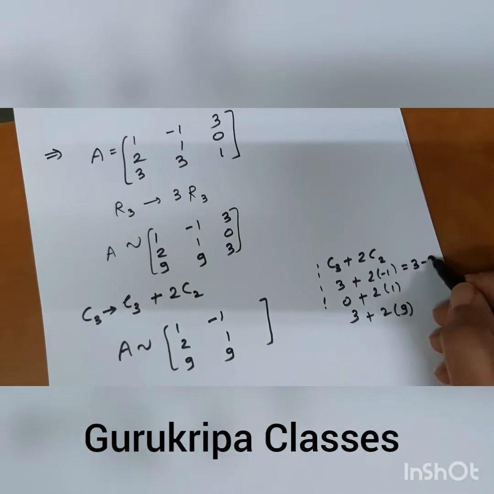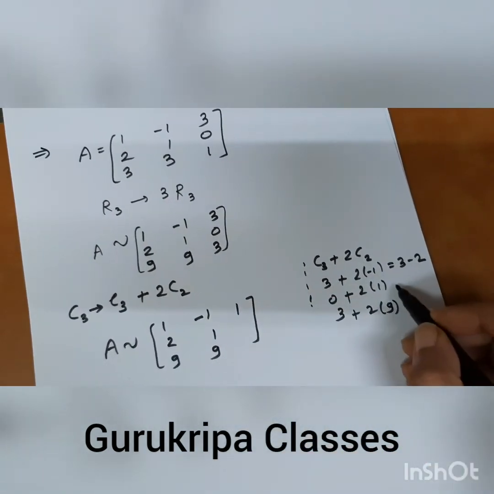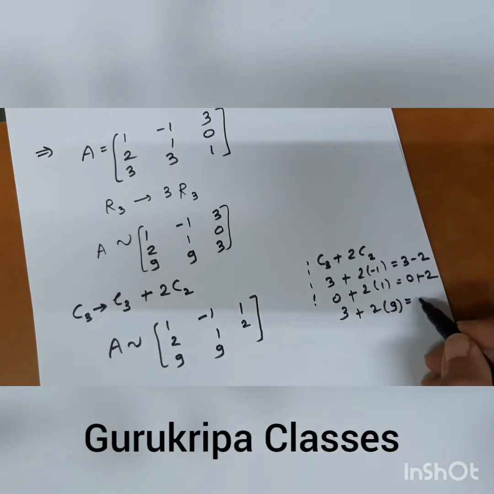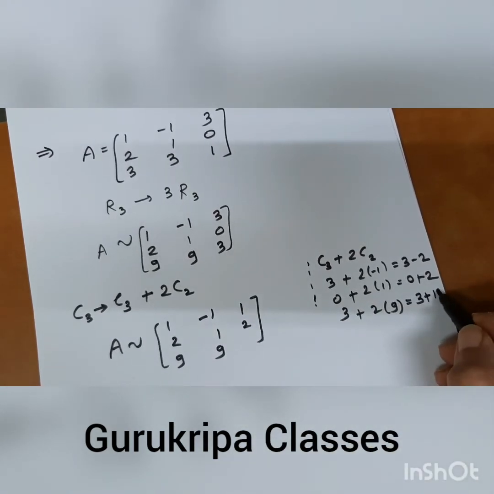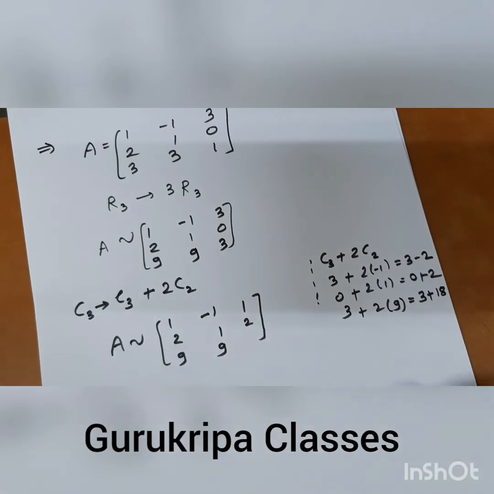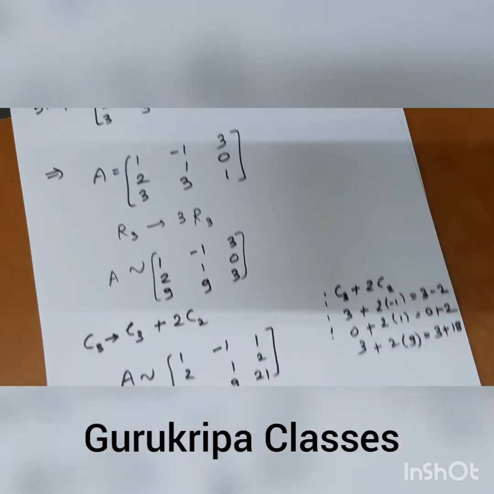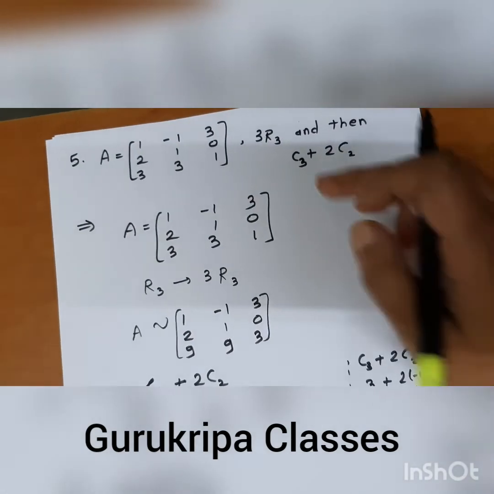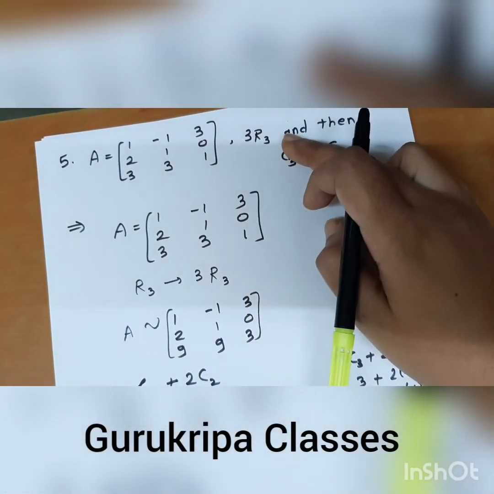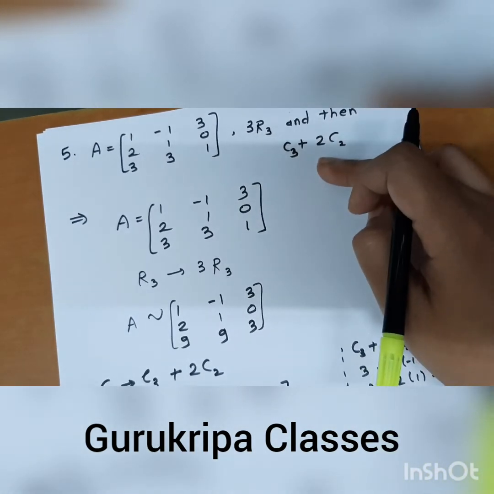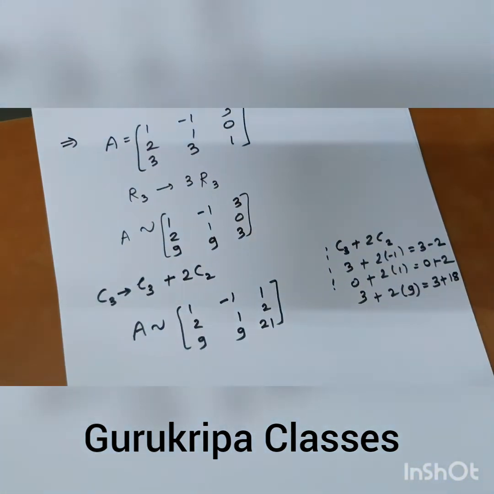So 3 minus 2 is 1, 0 plus 2 is 2, and 3 plus 9 2s are 18, 18 plus 3 is 21. So this is the answer for your question number 5. 3R3, so multiplying row number 3 by 3, and here C3 plus 2C2. So we have operated C3 plus 2C2.